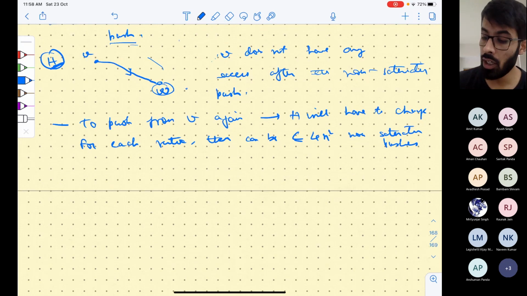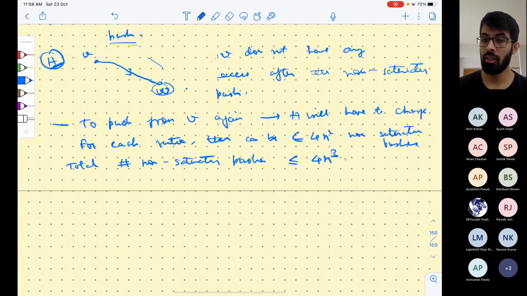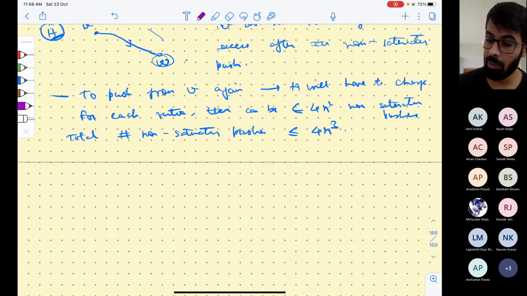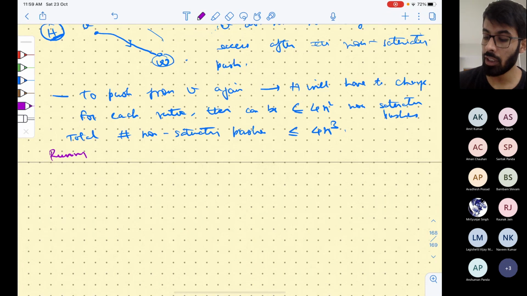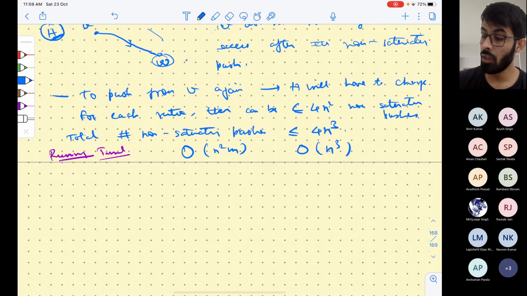And hence the total number of non-saturating pushes is less than or equal to 4n cube, because there are n vertices. Okay. And so this gives another running time. The running time turns out to be order n square m if you use the normal one, or order n cube using this one.